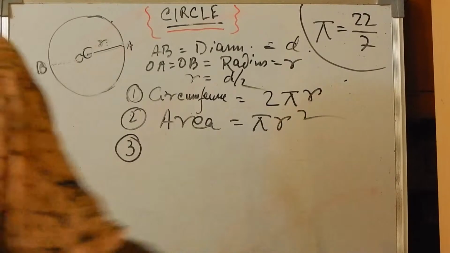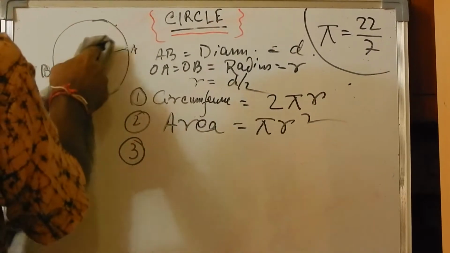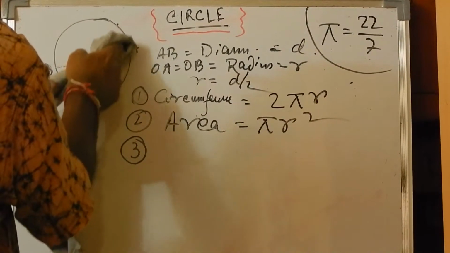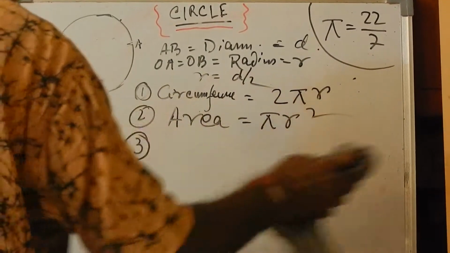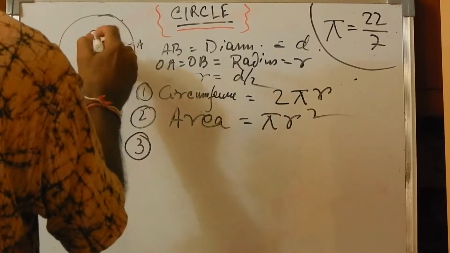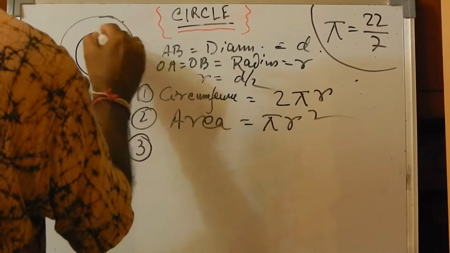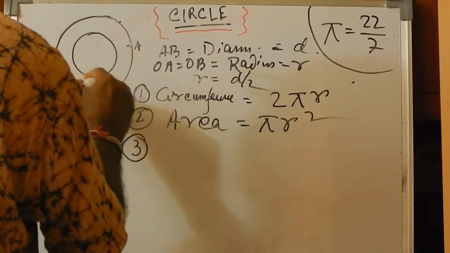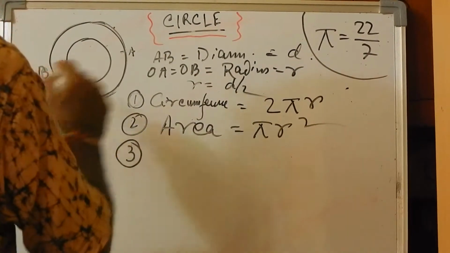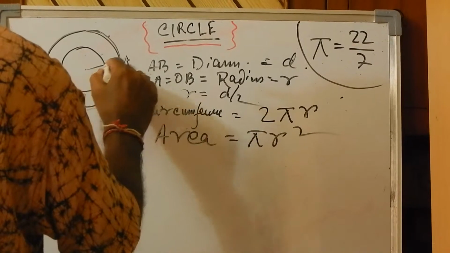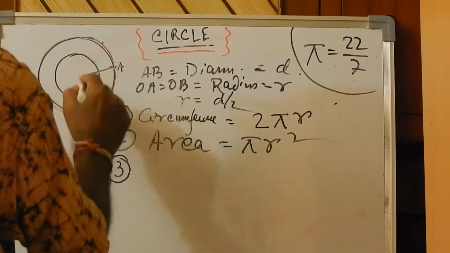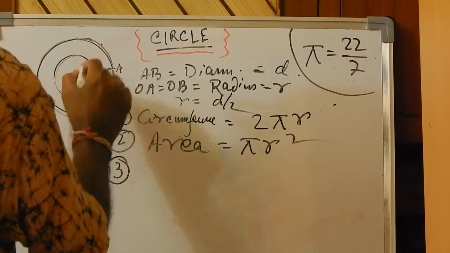Now in some cases there may be 2 circles like this forming a ring-like structure. So there would be a bigger circle and there would be a smaller circle.